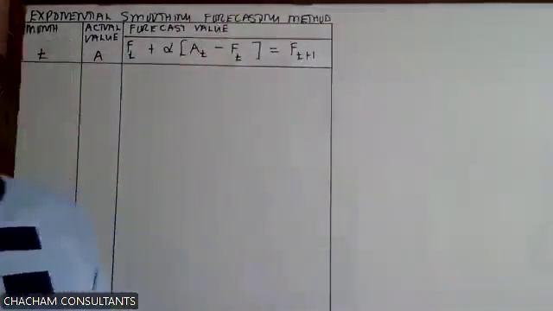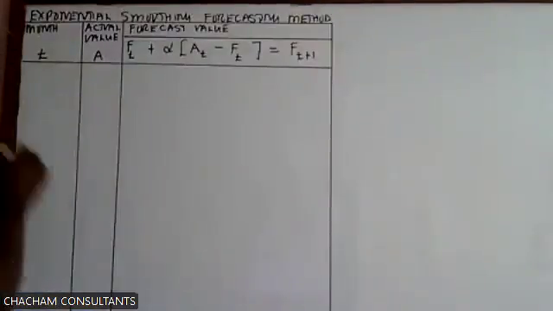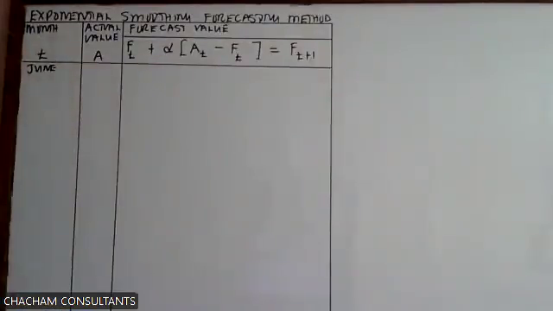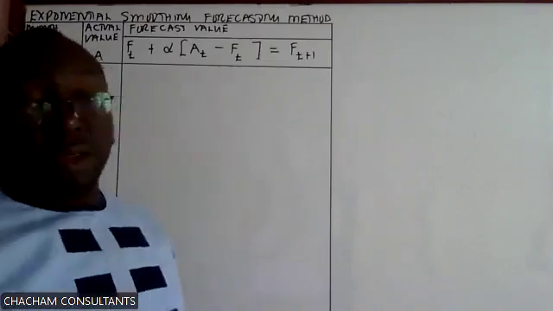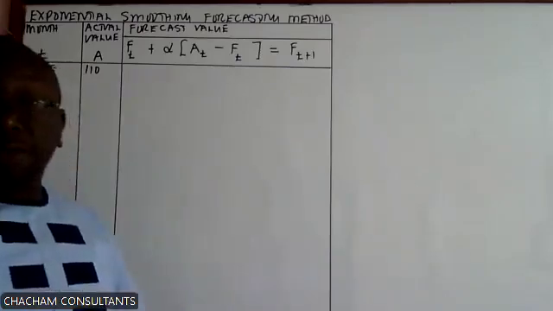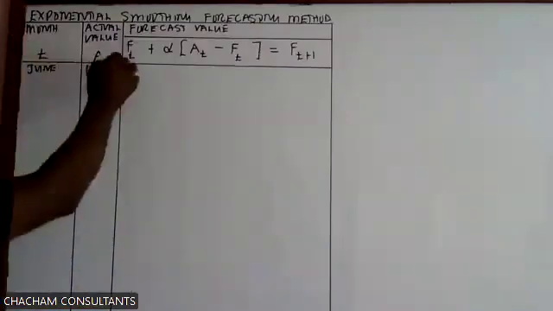So, the first month is June. In June, we take the first value, which is 110. Now that 110 becomes the forecast for the previous period, because this is the first period, so we don't have another period.